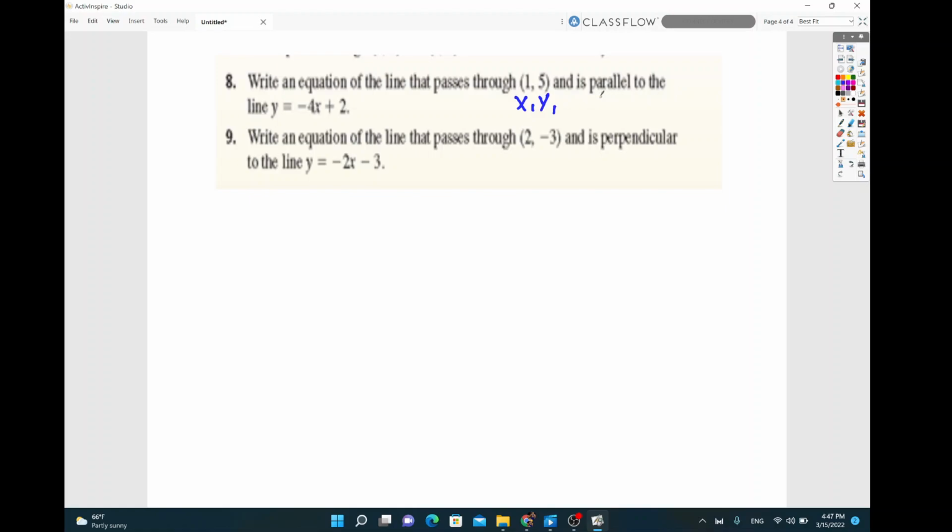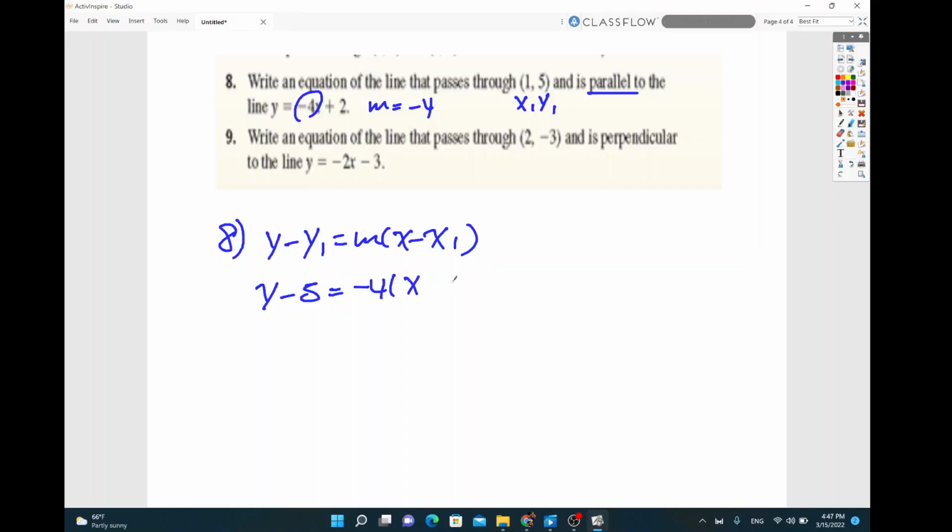And then the given equation with the keyword parallel. Parallel means we want the exact same slope. According to the equation of the line right here, the slope is -4. And we have the point (1, 5). So number 8 is pretty straightforward: plug the numbers into the point slope form. We get y minus 5 equals the slope, -4, times the quantity x minus 1.